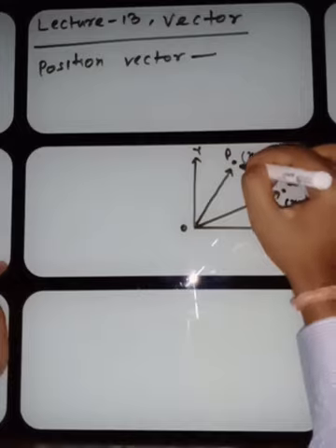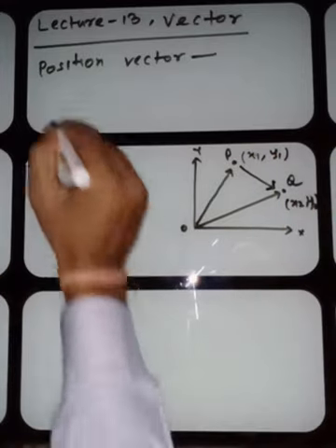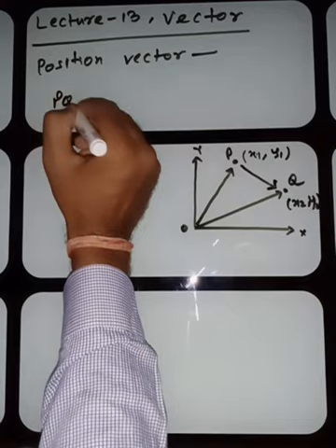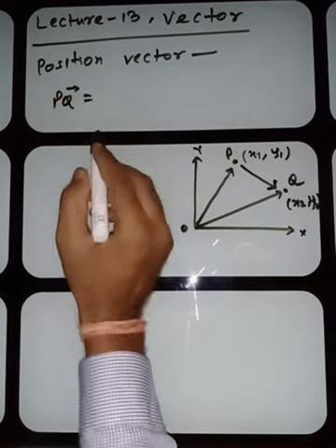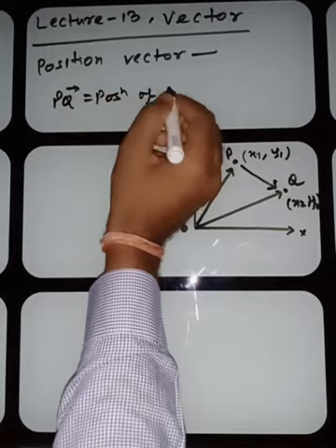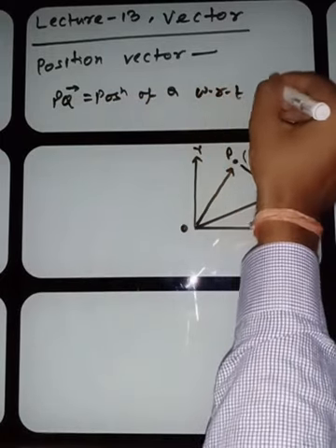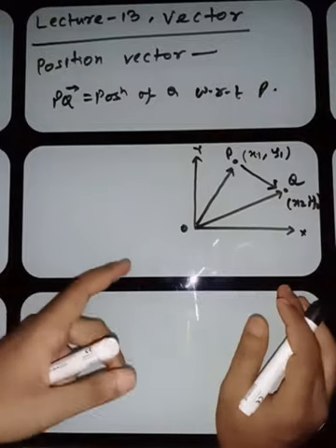If I wish to find the position vector PQ, that is the position of Q with respect to P, I'm going to find it here.